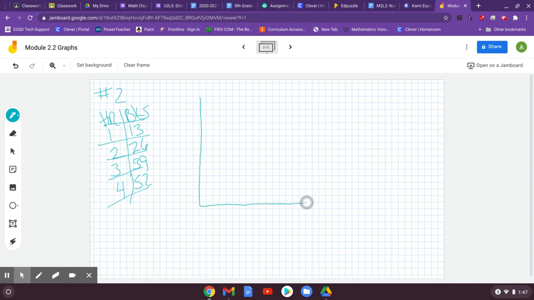So I'm going to go this way. I'm going to put books. And I'm going to put, oh, nope, backwards. How do I undo? I did that backwards, didn't I? This one is hours. This one is books.